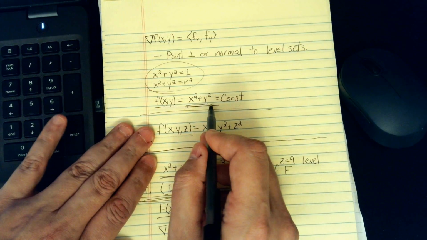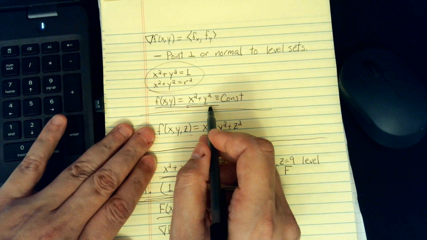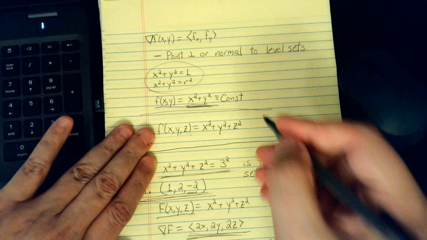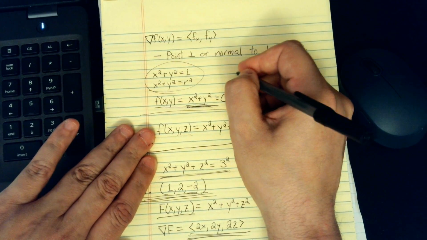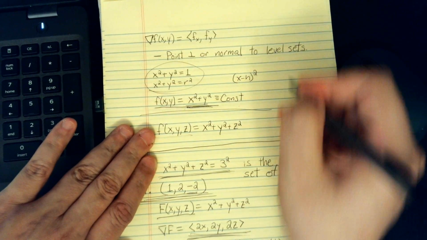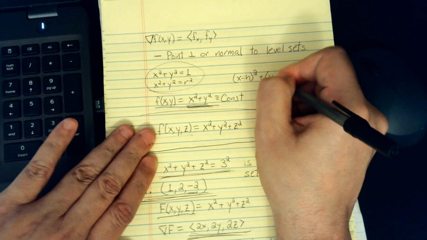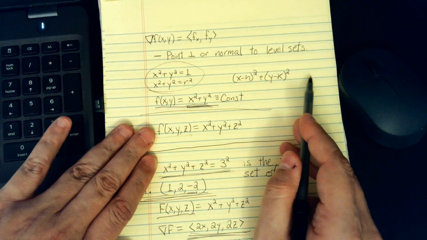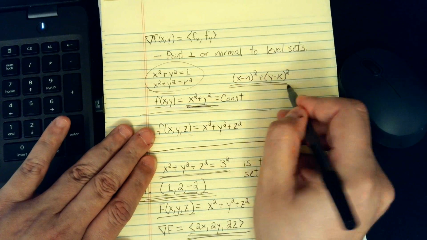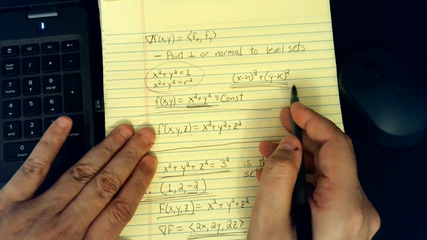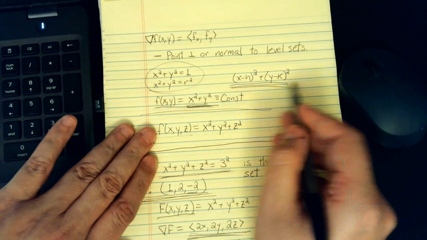A circle centered at the origin is given as a level set of this exact function. If you want a circle centered at (h, k), you'd take level sets of (x minus h) squared plus (y minus k) squared, right? Setting this equal to a constant means you're taking a level set of this function. So the circles you usually see are level sets of this function.